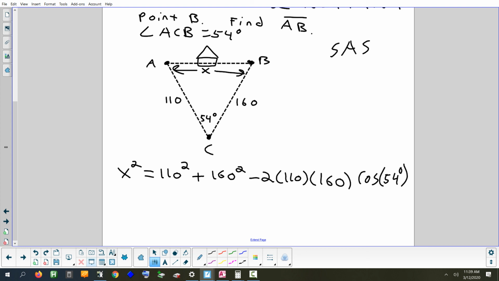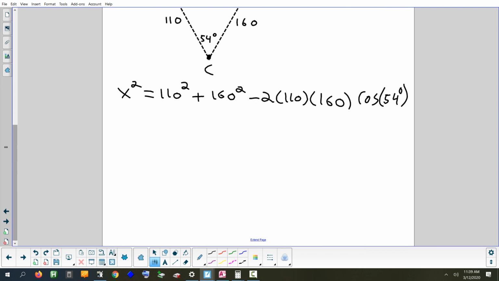Now we're going to get some big numbers here, but we're just going to type that all in and see what we get. What's 110 squared? 12,100.